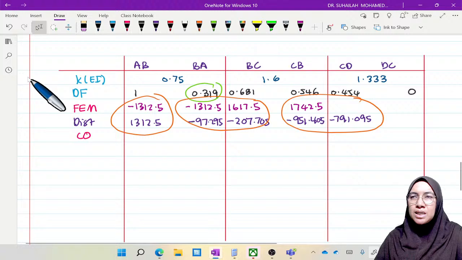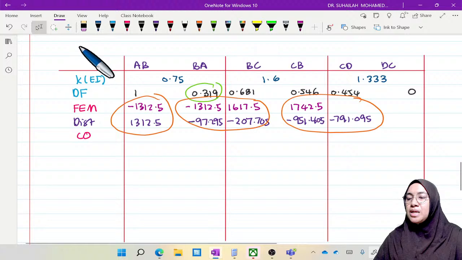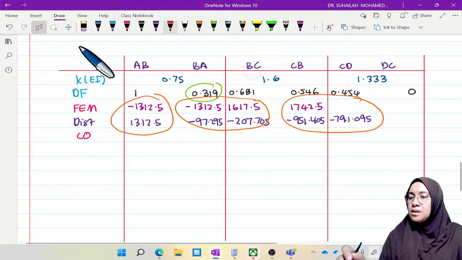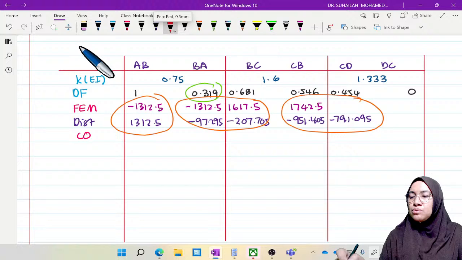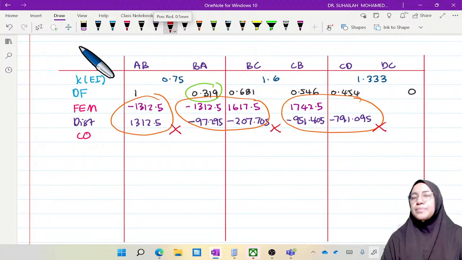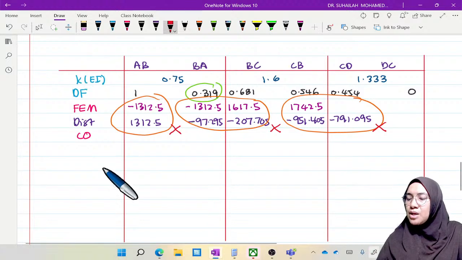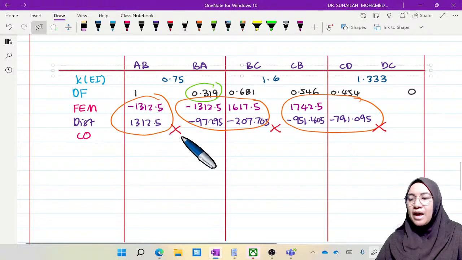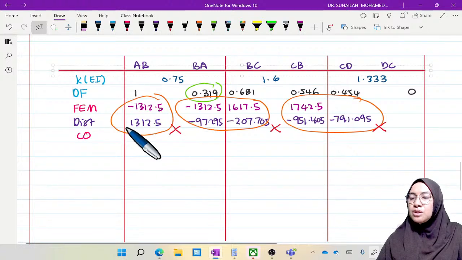So what we need to do is bring the value to the opposite end. Like this. For the 1312, we have to times with 0.5, A to B. To A only 0.